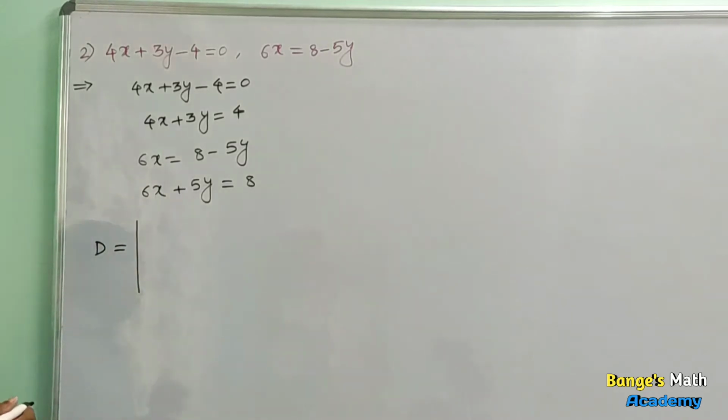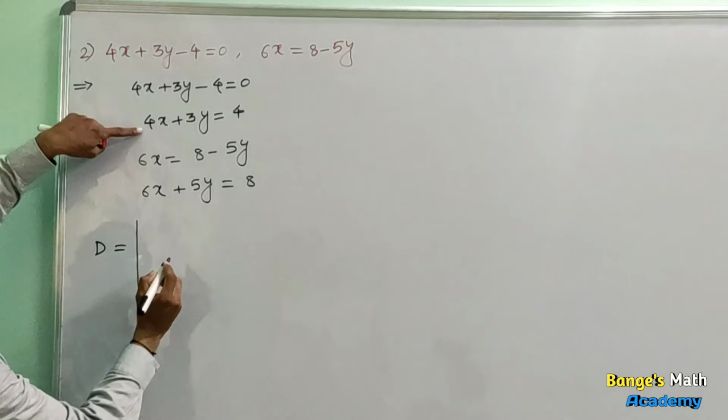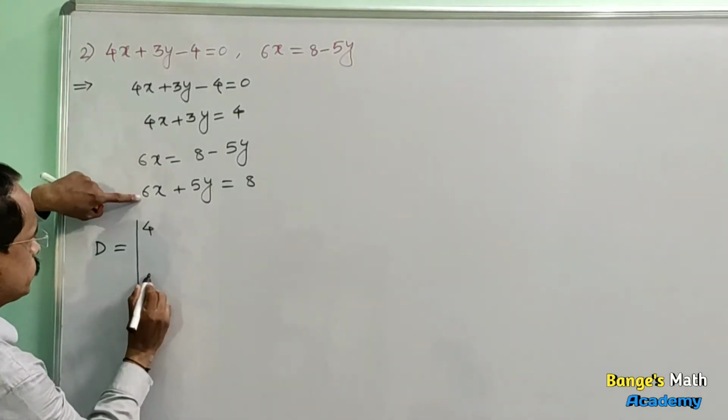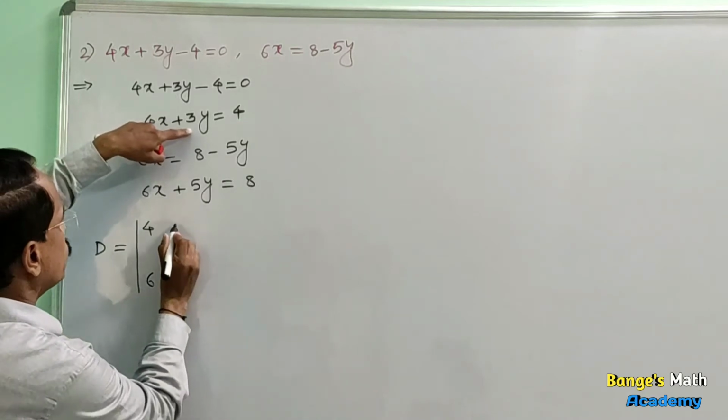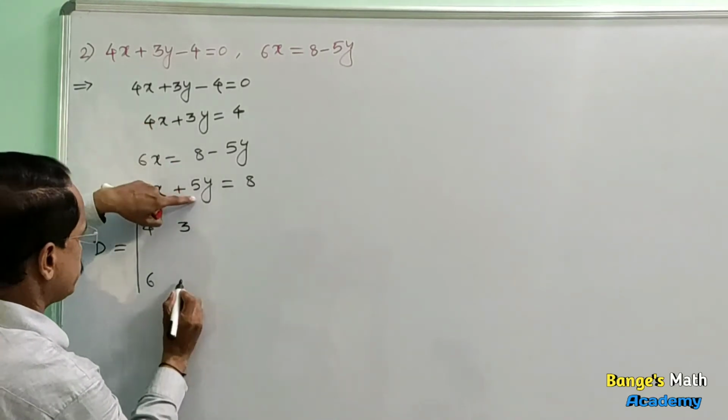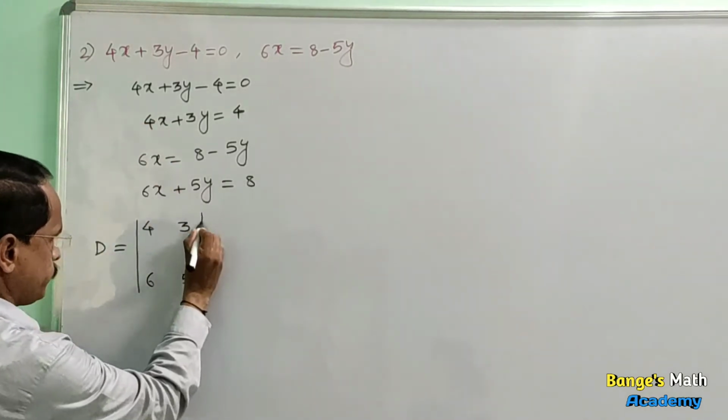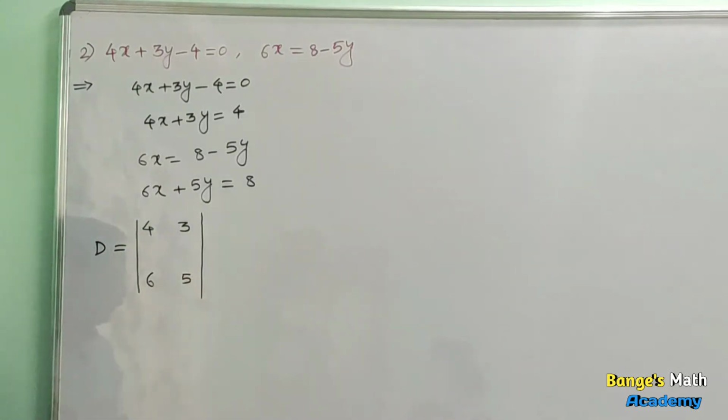In the first column write down the coefficients of x, 4, 6. In the second column write down the coefficients of y, 3, 5. Simplify this.